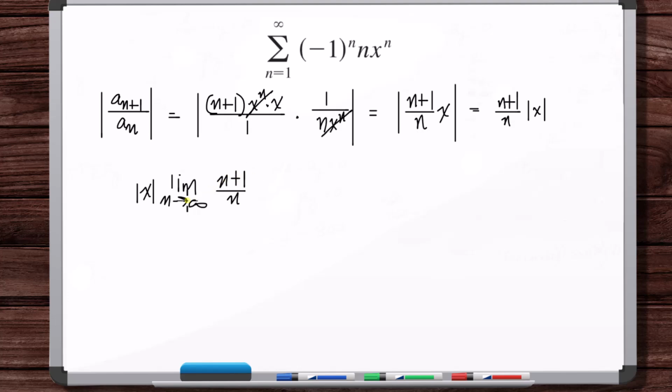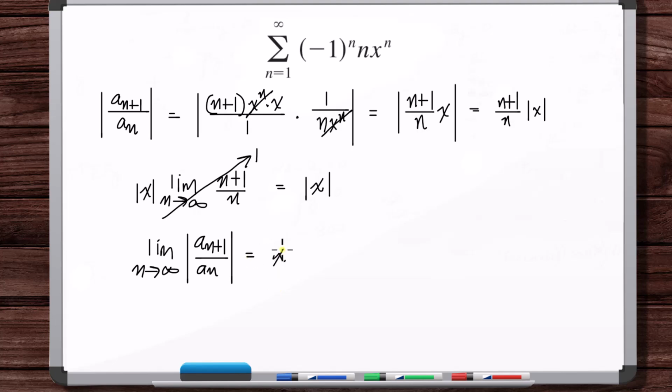Now, what does this limit equal? Well, that goes to 1. So the limit as n approaches infinity of the absolute value of a sub n plus 1 over a sub n is equal to the absolute value of x.